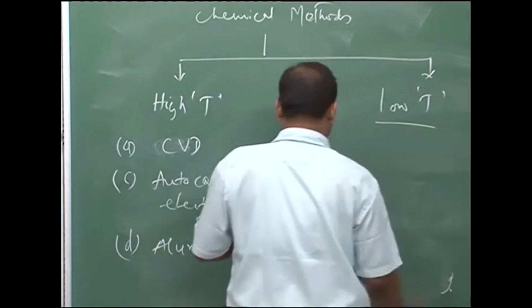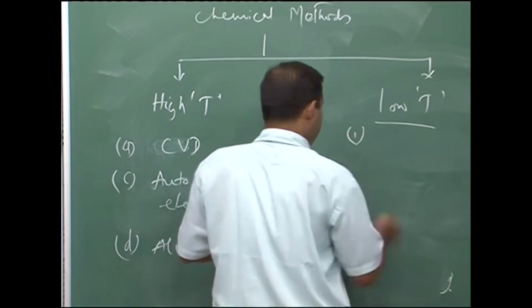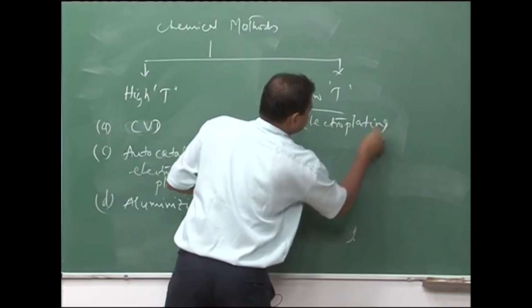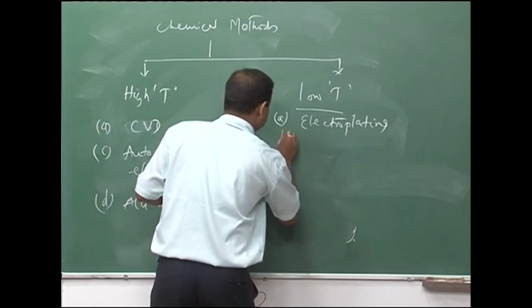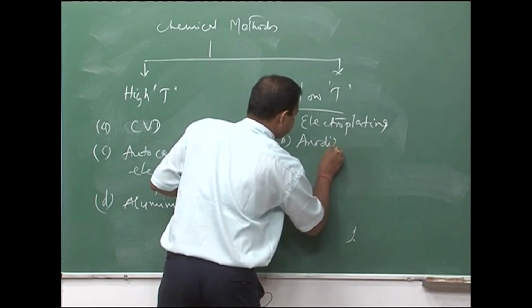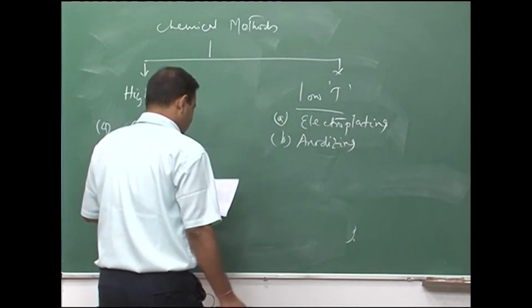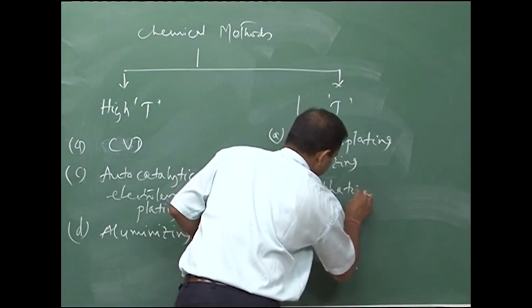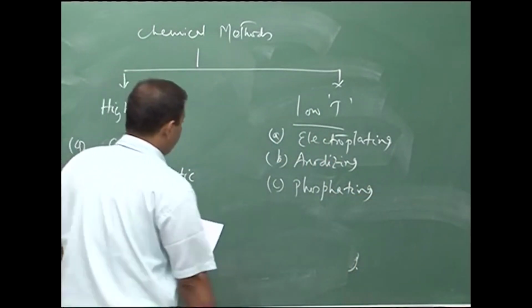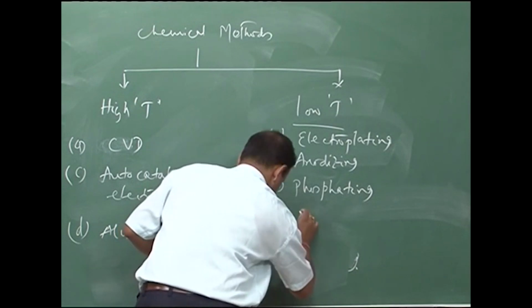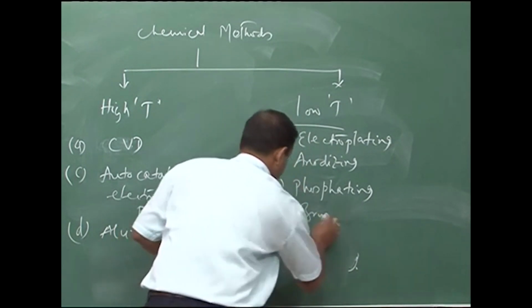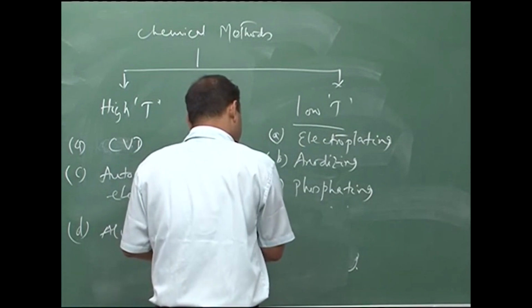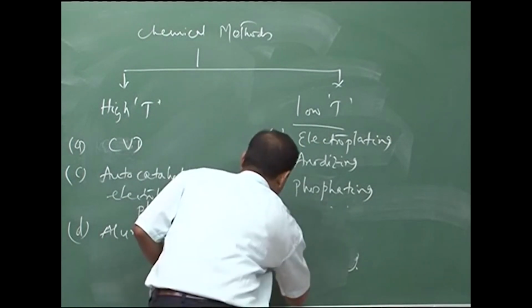In the low temperature case, it could be electroplating, anodizing, phosphating, brass plating, or vacuum deposition.